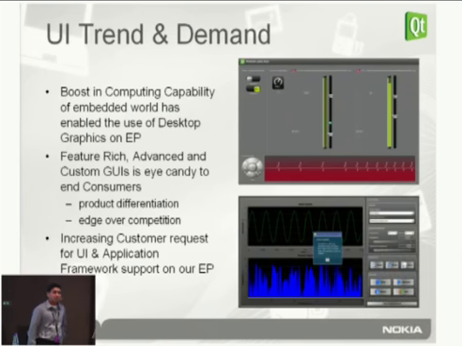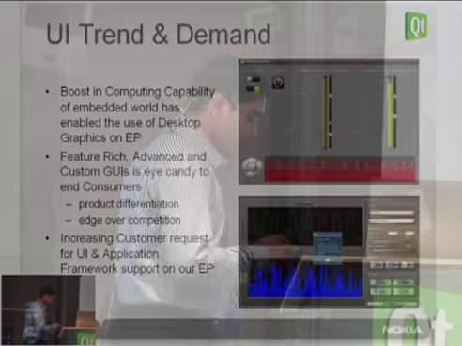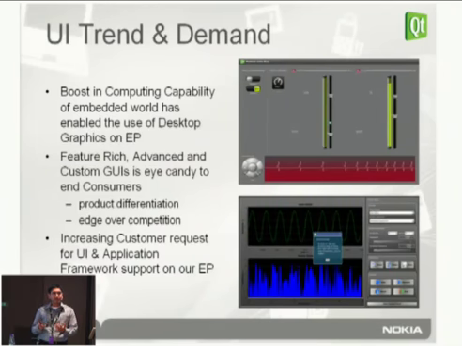Today, with the boost in computing capability of embedded platforms, the use of desktop graphics is possible on the embedded platform. Rich, advanced custom GUIs are omnipresent on handheld devices, and it is basically eye candy to our customers.